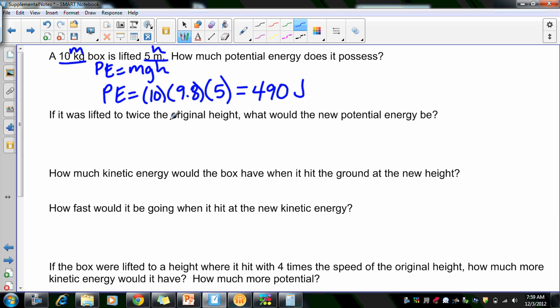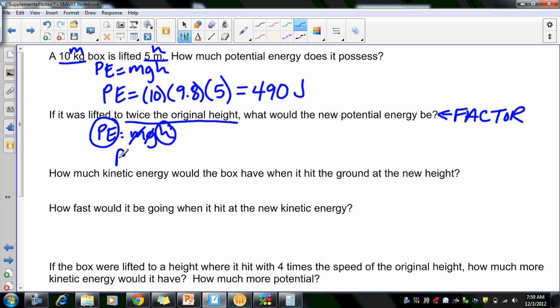If it were lifted to twice the height, so twice the height. Notice this does not have any units, so this is a factor question. So we start with the original, change or circle what changes, twice the height, so this changes. What would the new potential energy be? So potential energy is changing.